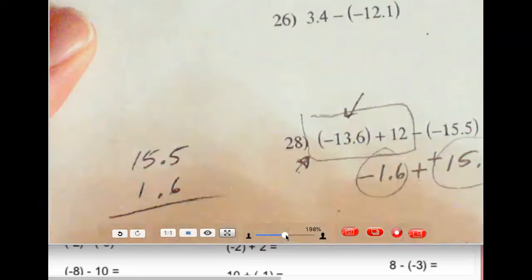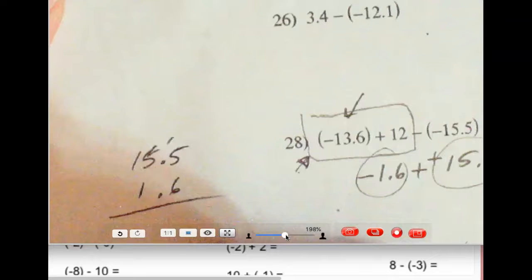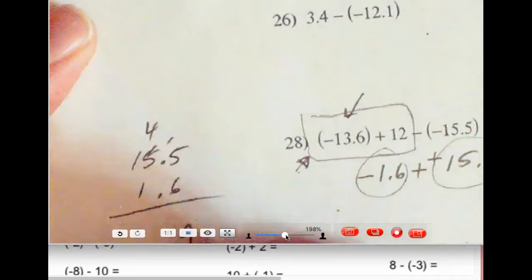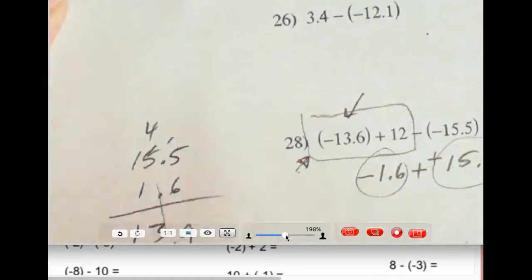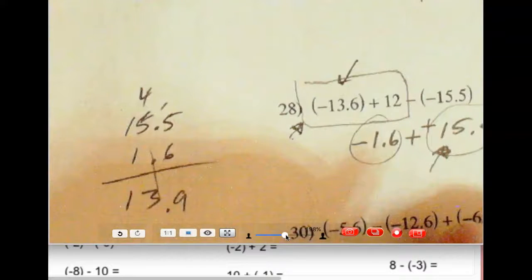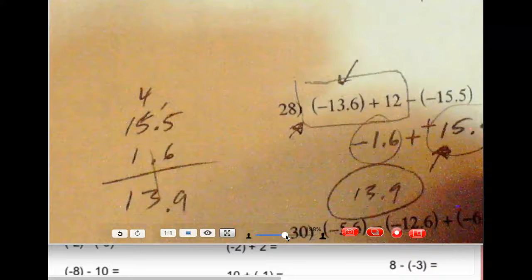Looks like my answer is going to be about 14. So we trade out, 15 minus 6 is 9. I've got 4 left over. 4 minus 1 is 3. 1 minus 0 is 1. So I have 13.9. Notice I just bring the decimal straight down. 13.9, which is very close to what I thought it was going to be. And this had the greater absolute value, so that is a positive 13.9. All right, good luck as you work through these problems.